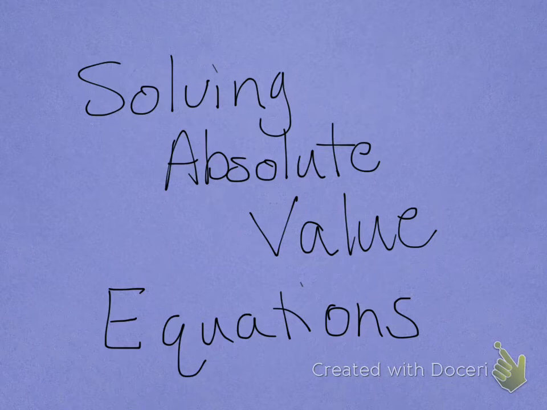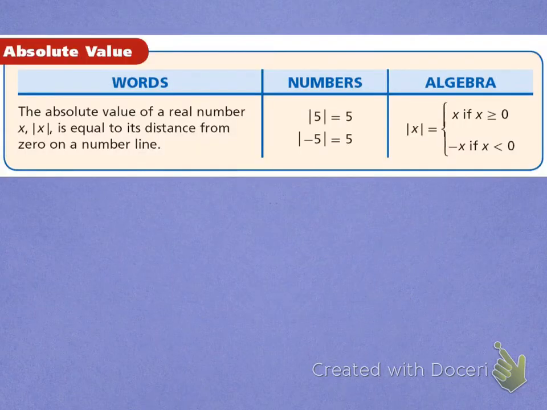So picking up with our review of just solving linear equations, now we're going to focus more specifically on the absolute value. Recall when you were in about 5th or 6th grade and you learned the absolute value of a number. The absolute value is represented by these vertical bars surrounding a specific value or variable.